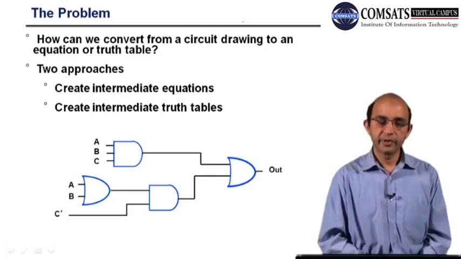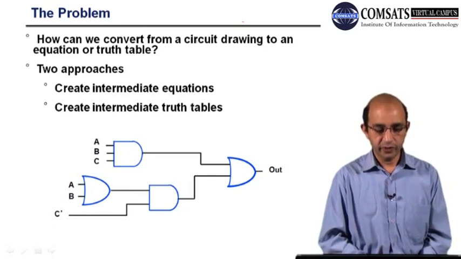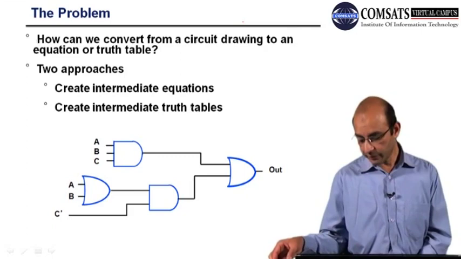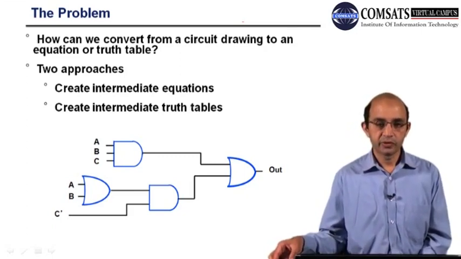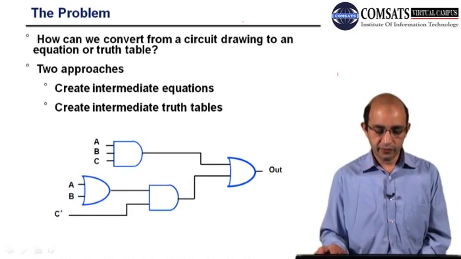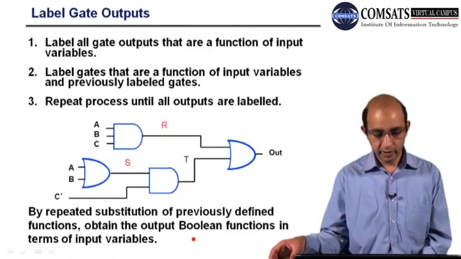So there are different ways out. Here we have two approaches. What we can do, we can have intermediate equations, or we can have intermediate truth tables. If you talk about this circuit, you can see that we have the intermediate steps over here.